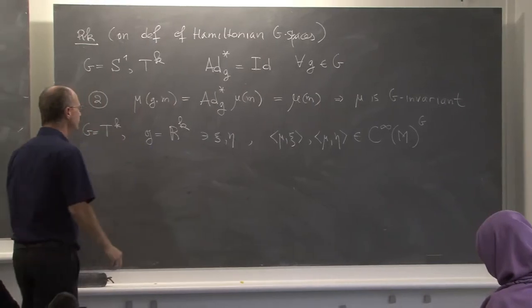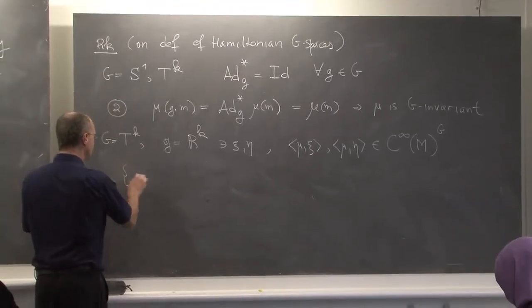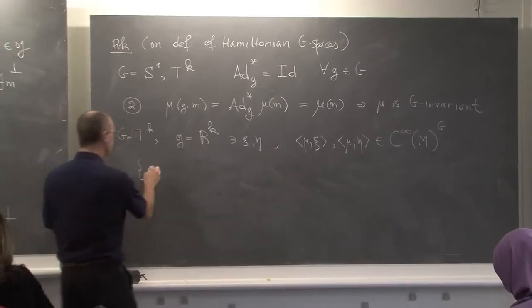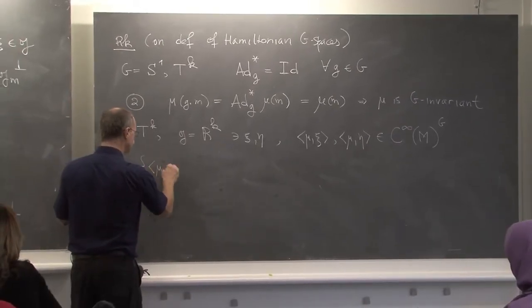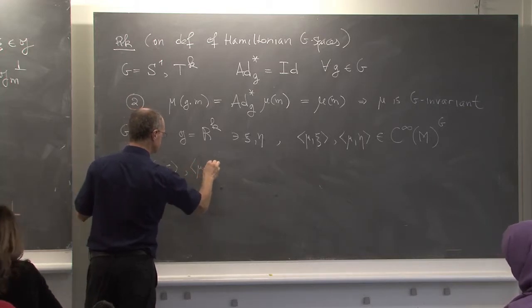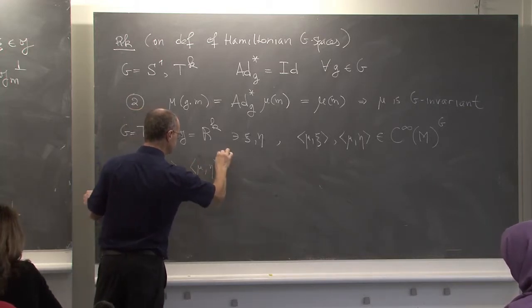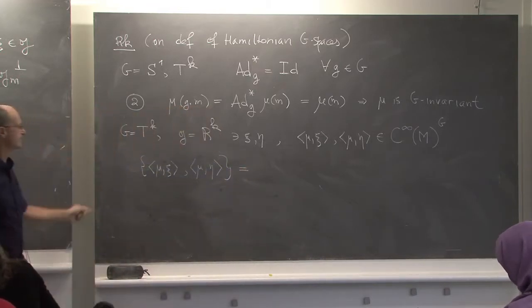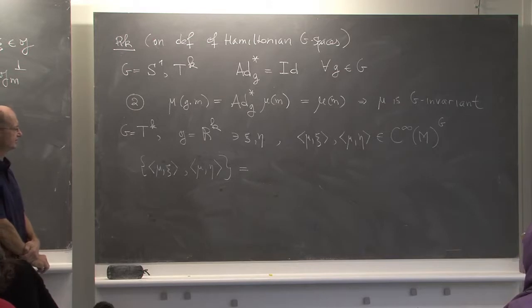So recall we introduced those Poisson brackets associated to symplectic manifolds. So let's compute a Poisson bracket of these two functions.